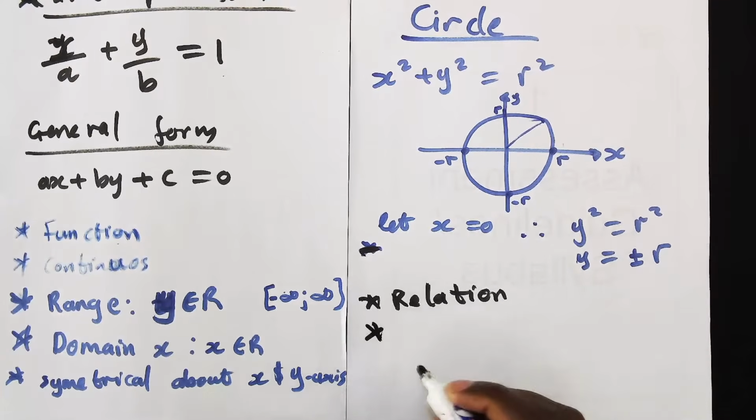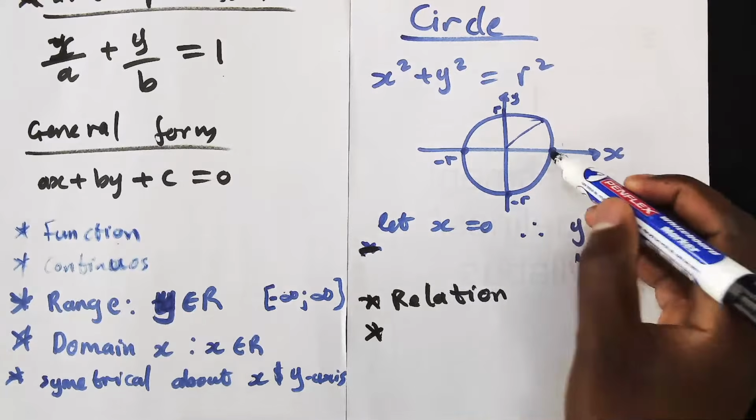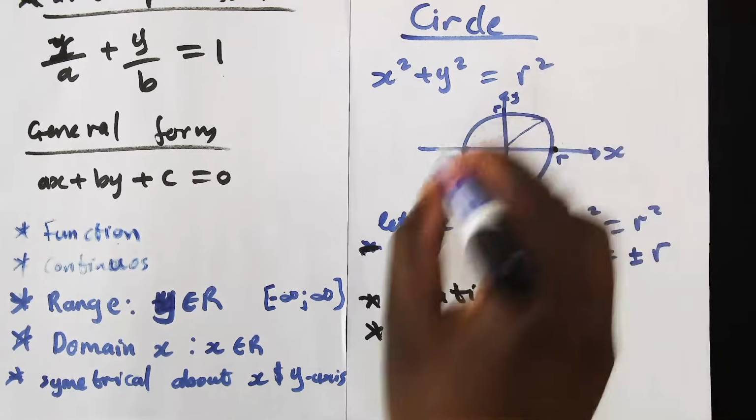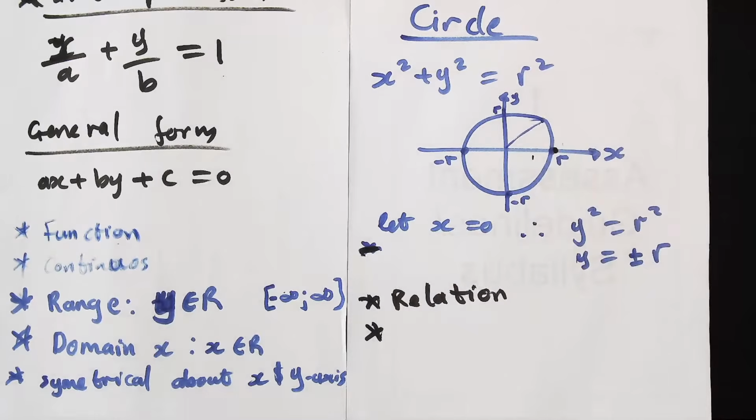And the third one we can answer: is this a continuous or discontinuous graph? It's continuous. Why? If you have a protractor, you draw and complete it without lifting up the pen, isn't it?